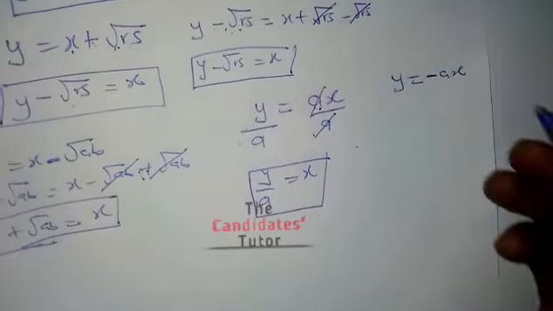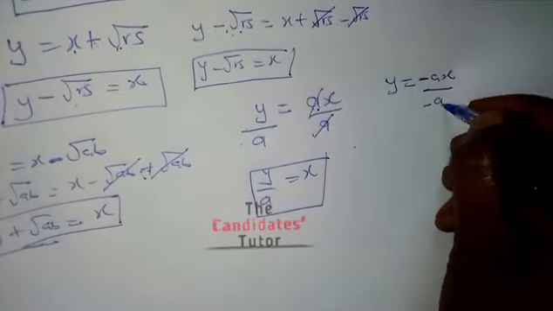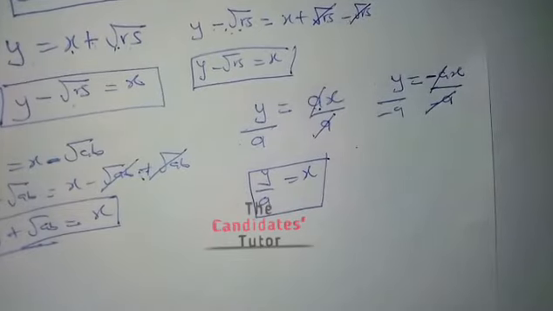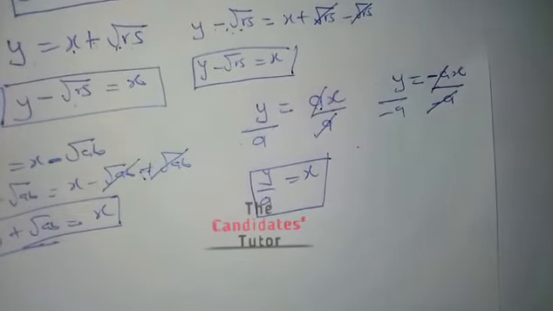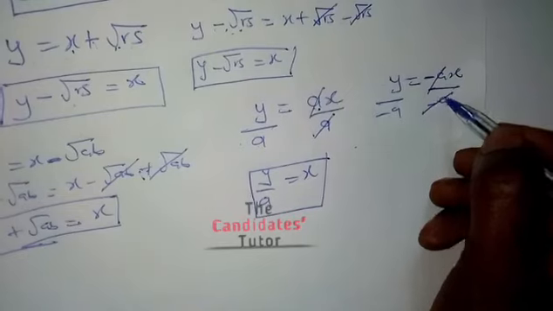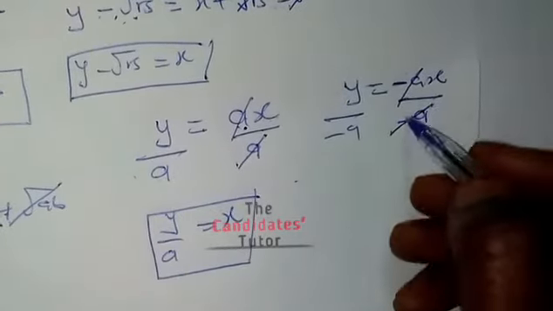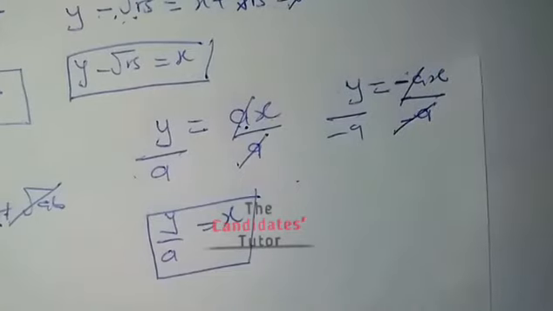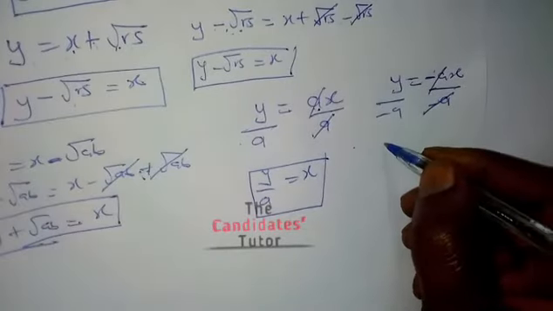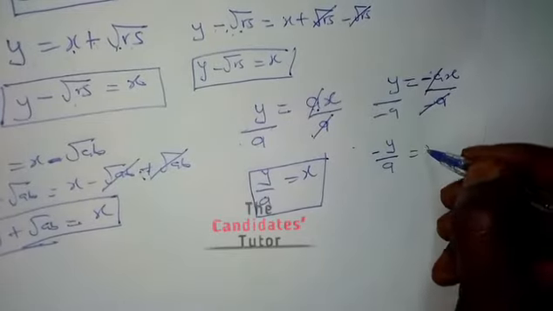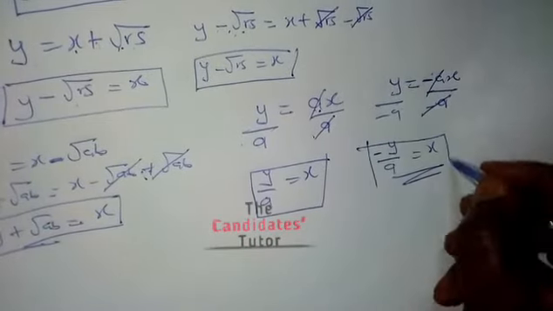What we do is divide by negative a this time, and negative a will cancel this, because we are making x the subject, not negative x. So if you divide by only a, you are wrong. You have to divide by negative a so that the two will just go away, and our x will be equal to negative y over a. That becomes our final answer.